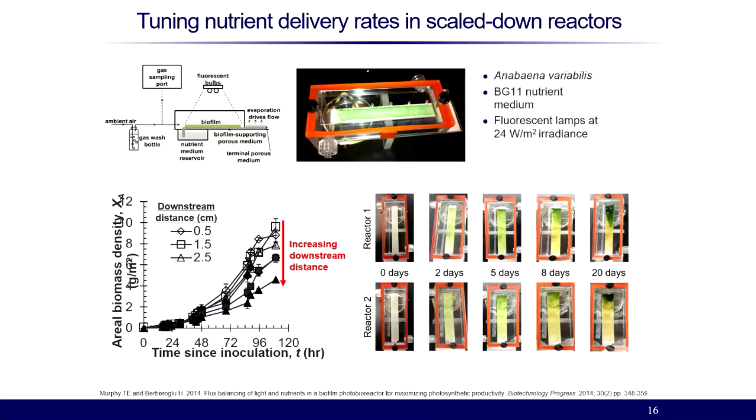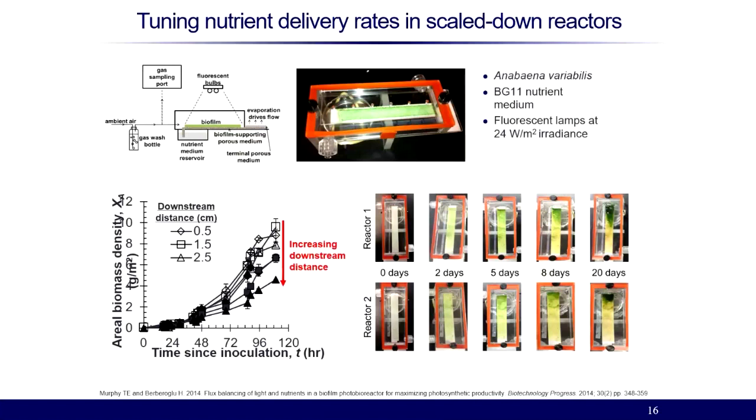So in this picture, we have evaporation from this exposed region, and as water evaporates from that exposed region, fresh nutrient medium gets pulled in through the porous wicking membrane, and then the nutrients by diffusion feed the biofilm, and the biofilm consumes nutrients.